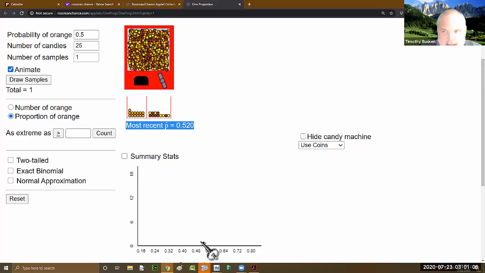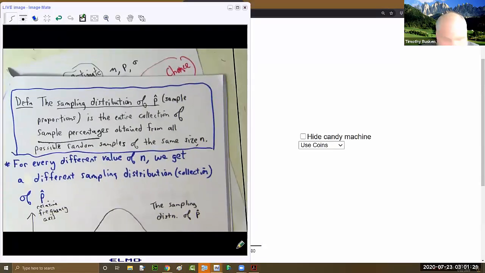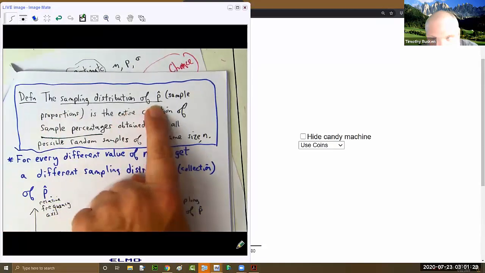Which is the entire collection of sample percentages taken from all possible random samples of the same size 25. So here's your definition for the sampling distribution of p hat.